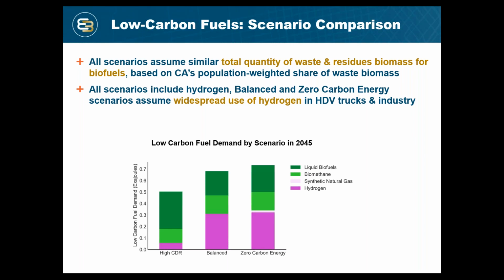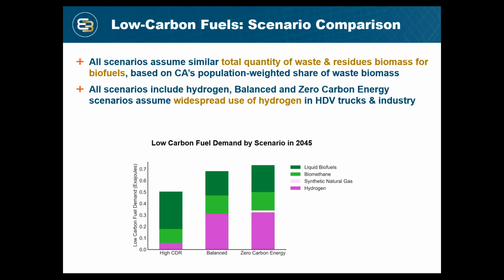And then the question just becomes, how do you allocate those biofuels? So the biomethane goes into the gas pipeline, and that can then be used to decarbonize industry or to decarbonize buildings to the extent that we haven't fully electrified buildings. And then the liquid biofuels can go to transportation. In the zero carbon energy scenario, that ends up being primarily going towards aviation.